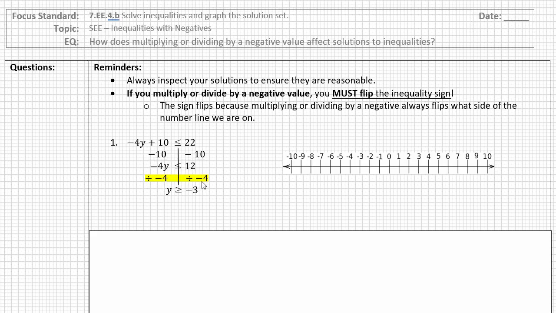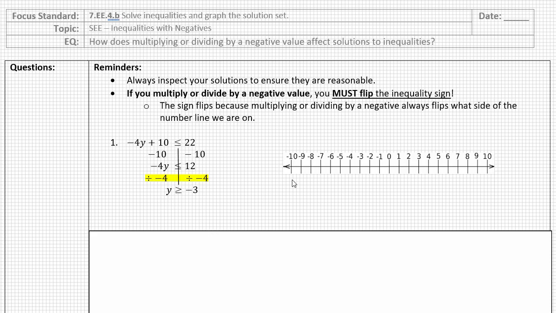After having divided by negative 4, this 12, which was a positive term, is now negative. So dividing by a negative flips us to the other side of the number line, and so we must flip our inequality symbol in order for the statement to still be true. So our final answer is y is greater than or equal to negative 3.